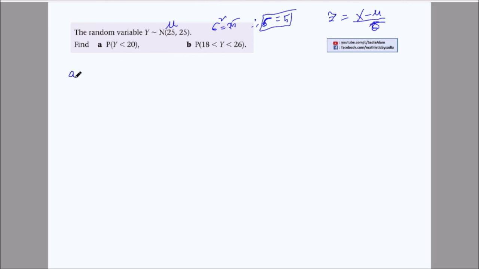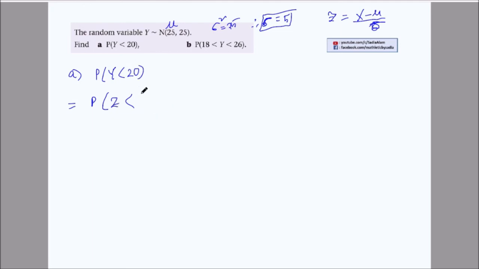Okay, so let's solve part A. So we have the variable y here, but we do not get values for y. We will get only z from the table, so we have to convert this into z. So if I write z instead of y, in that case I have to convert this data into z using this formula. X is just an example, so in our case it's y, so this is y minus mu.